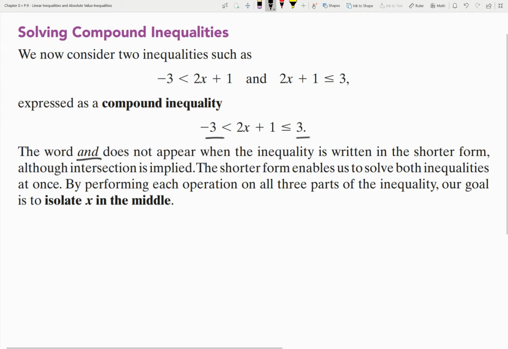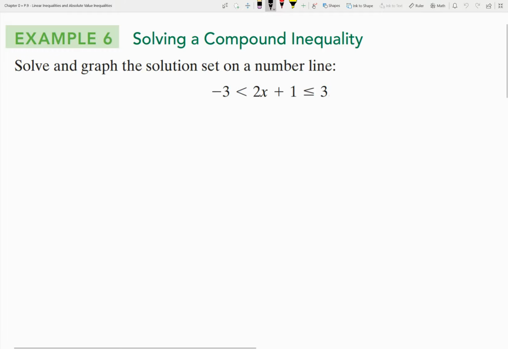The shorter form enables us to solve both inequalities at once by performing each operation on all three parts and to isolate x in the middle. So let's actually solve this. I'm just going to subtract 1 from all three parts. So now we have -4 is less than 2x, which is less than or equal to 2. And now when I divide everything by a positive 2, I get -2 is less than x, which is less than or equal to 1.